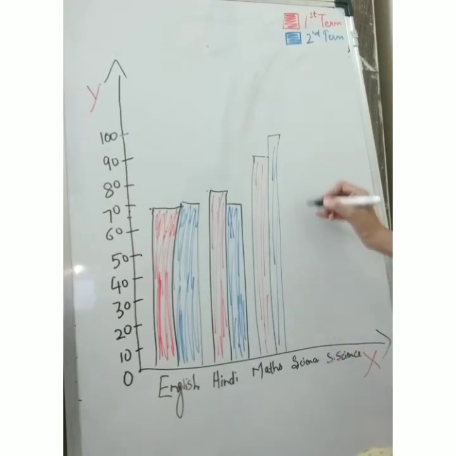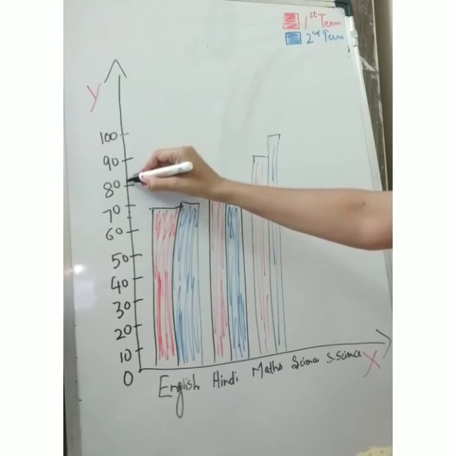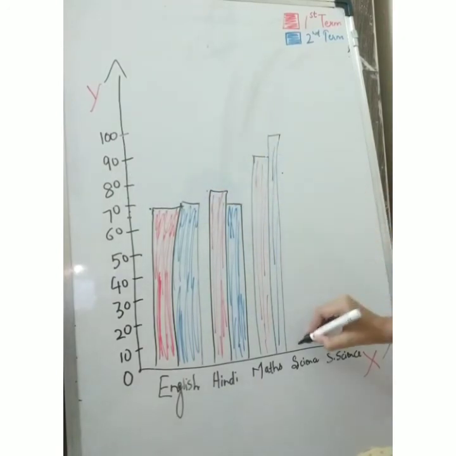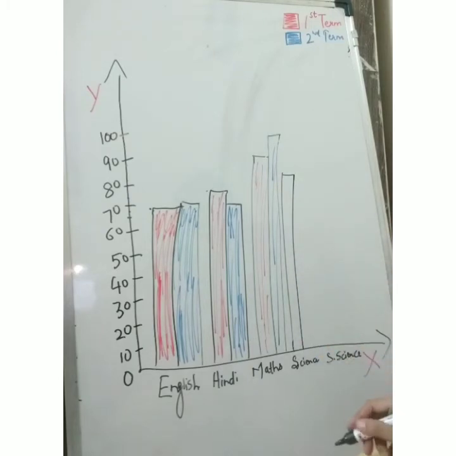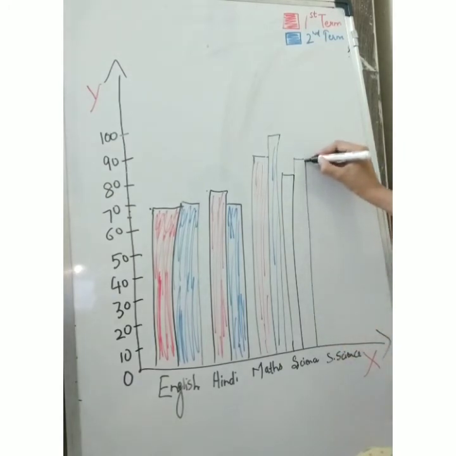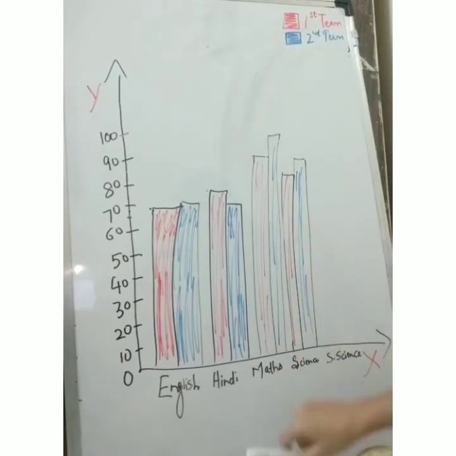81, 80 is here, around 81 will be here, so I'll mark it. 85, the second term student is getting 85, so see the values and plot like this. I think this is simple, student, only you should know the concept of how we are drawing and how we will mark the values.